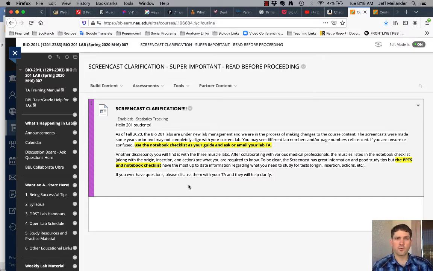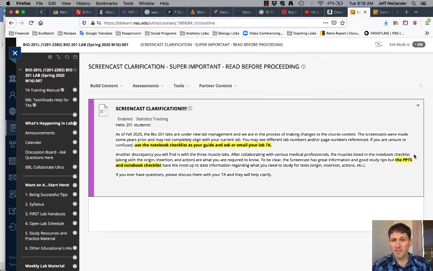And so we have some screencasts that don't necessarily correlate with PowerPoints. That being said, the information in the screencast and in the PowerPoints are the same, but there's some things that are a little bit different, and there's some information that's emphasized a little bit more in depth in a screencast than it is in the PowerPoint. So we want students to know that there are some inconsistencies in 201.